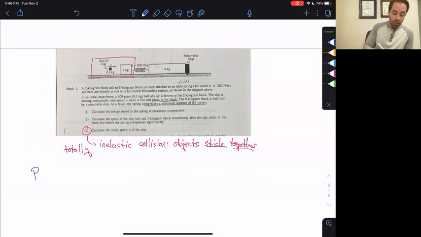So P of the ball, before the collision, must be equal to P of what we've been calling B1, where B1 is the two of them put together. And this is after the collision.